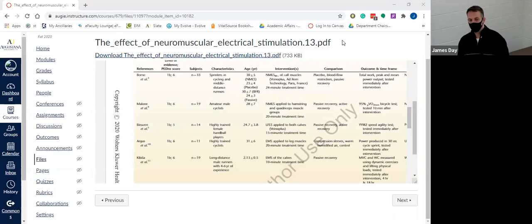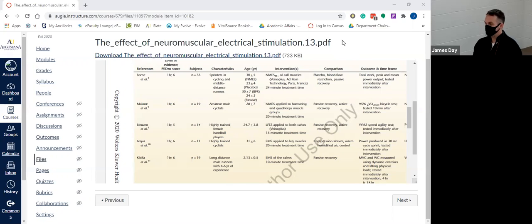And so now we need to give our reader the background information from the articles, so that way they can judge our conclusions based off of the research that we've done.